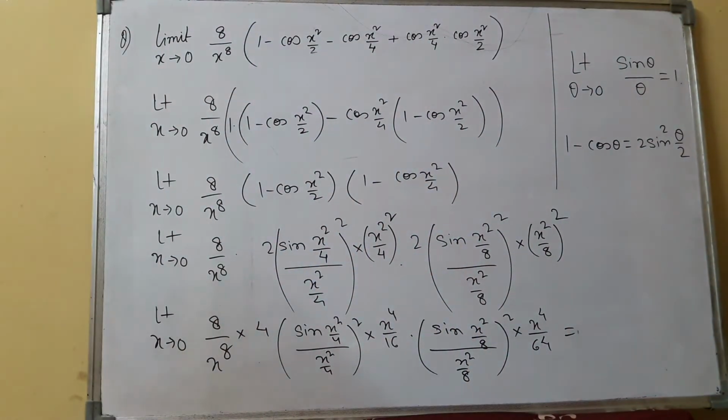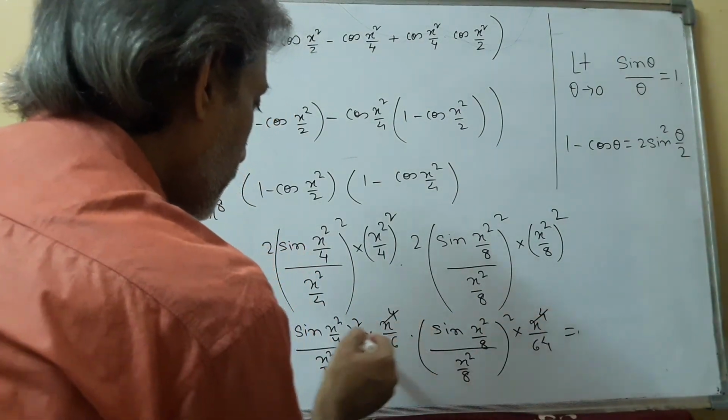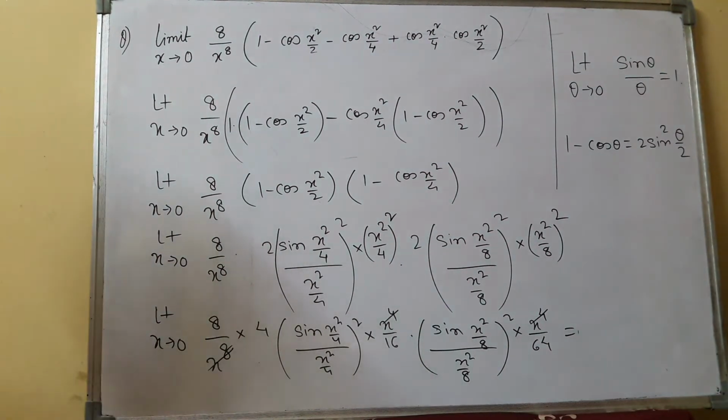Now look, x raised to the power 4, x raised to the power 4, x raised to the power 8 cancels out.